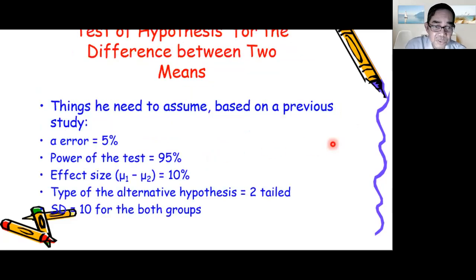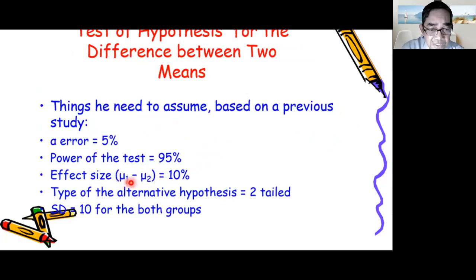Now, the things that he needs: this alpha error is again assigned by the investigator. The power of the test is assigned by the investigator. The effect size can be taken from the previous study.